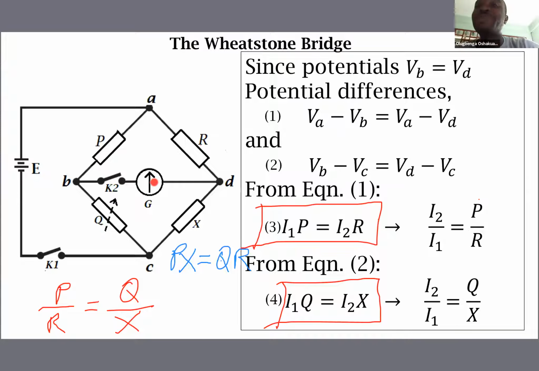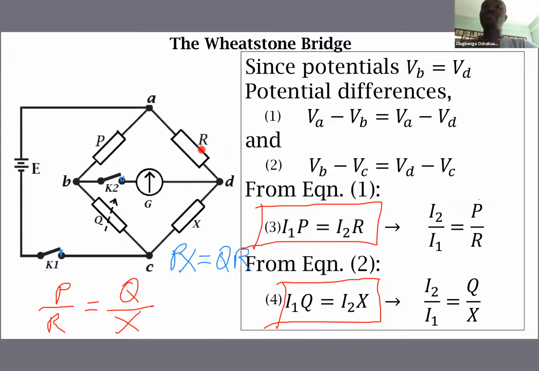So once the keys are closed and the bridge is balanced, meaning that current is not flowing through the galvanometer, meaning that the potential at B is equal to the potential at D, then we can say that the product of resistances P and X is equal to the product of resistances Q and R.